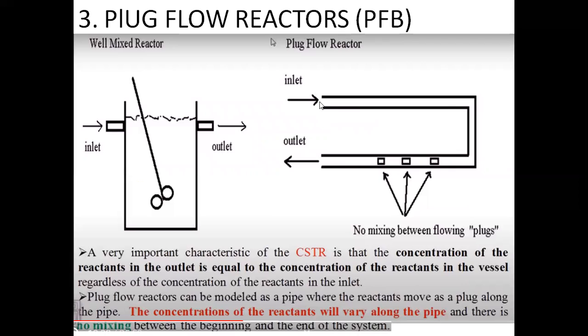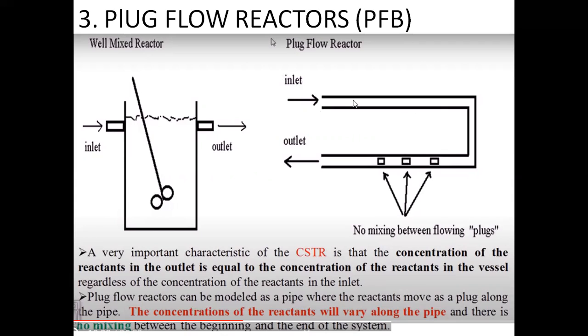and it moves as a plug from the inlet, here in this U type of configuration, from this portion to this portion. Plug flow reactors can be modeled as a pipe where the reactants move as a plug along the pipe. The most important thing is, in a CSTR, the concentration of the reactants is uniform across the fermenter, whereas in the plug flow reactor, the concentration varies along the pipe, and there is no mixing between the beginning and the end of the system.